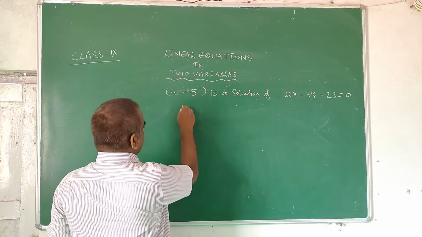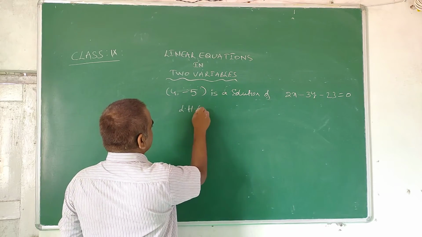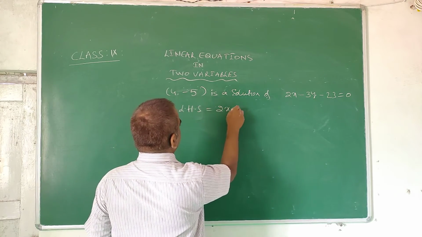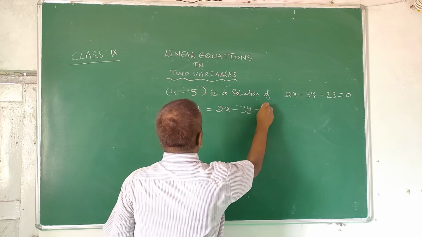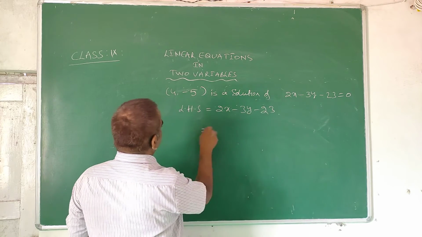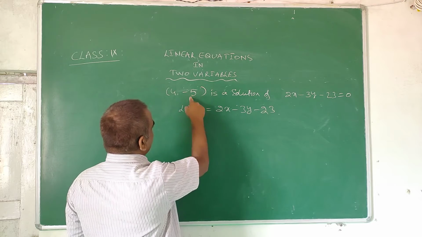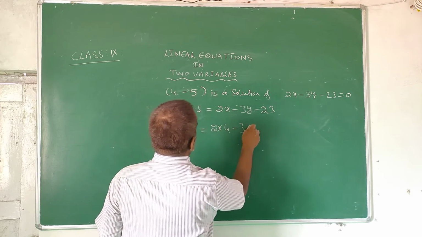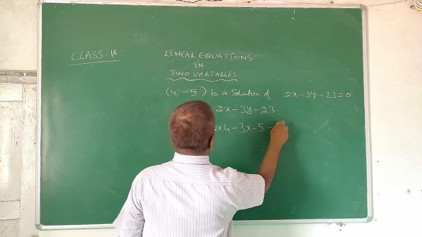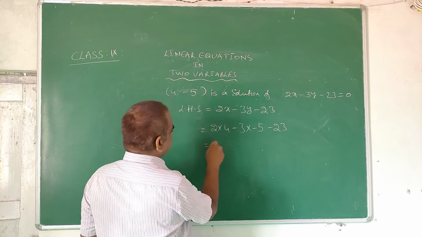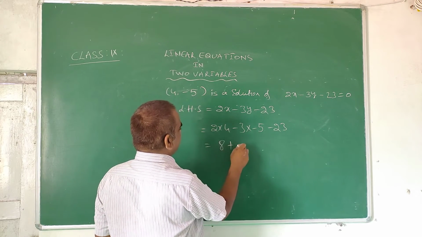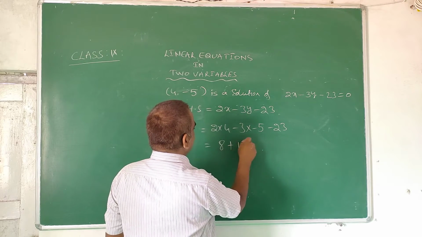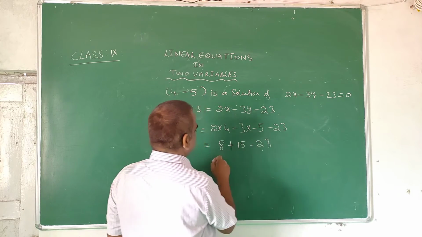As it is, you have to take LHS, which is equal to 2x - 3y - 23. In this you have to substitute x value 4, y value -5. So 2 into 4 minus 3 into -5 minus 23. 2 4s are 8, minus into minus plus, 3 5s are 15, minus 23.